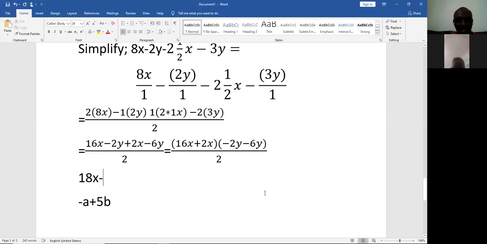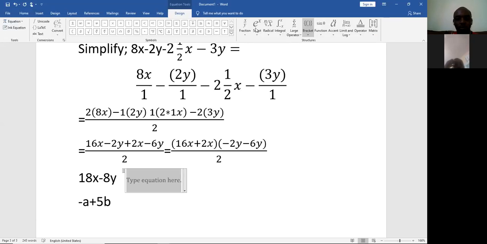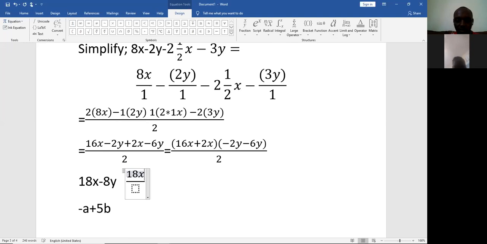So you get the answer as minus 8y. So in short, we can simply say our answer is like this: 18x minus 8y all over 2. That is going to be your answer.